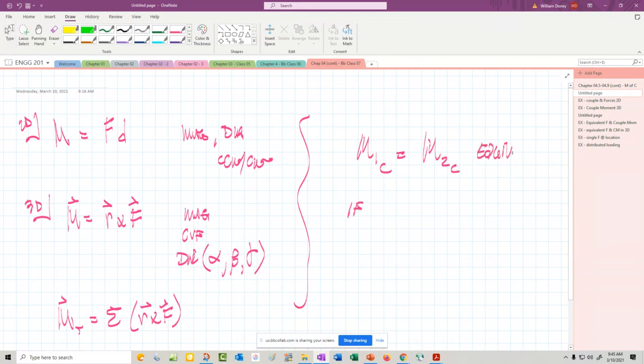And we can say two couple moments are equivalent, meaning they have the same effect, if they produce the same moment. And we'll get to that point after we do a couple example problems here.